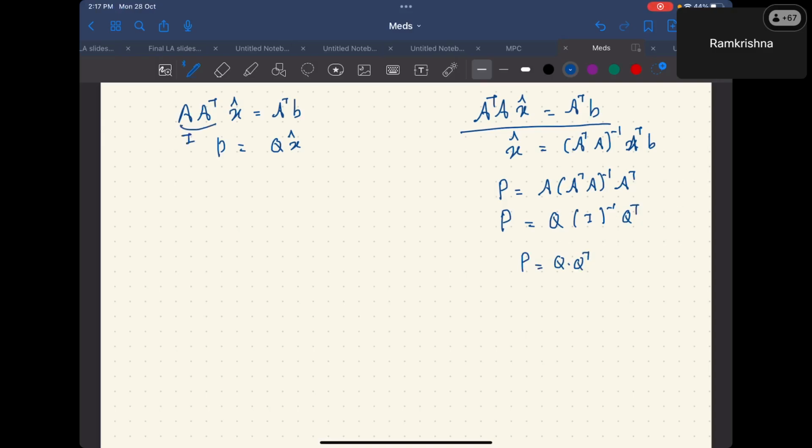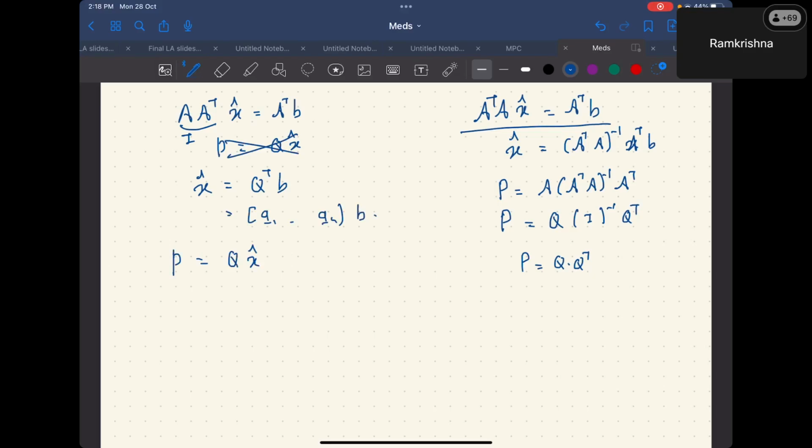No matrices to invert. Then the best x hat will simply be Q transpose B. The best x hat will now be Q transpose B, which is just the dot products of Q1 till Qn with B. And then the projection vector P is equal to Q x hat.